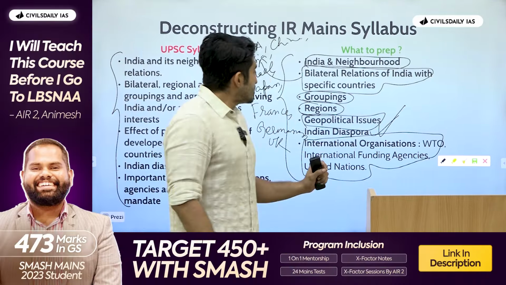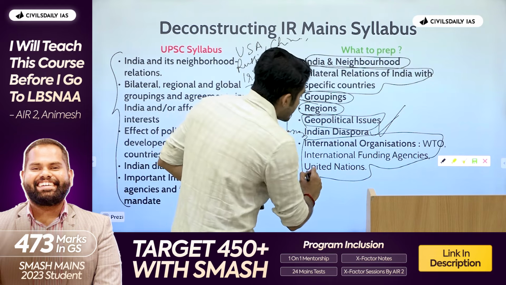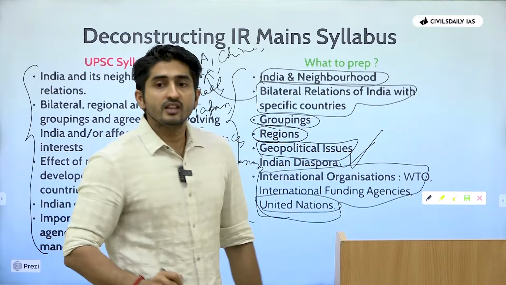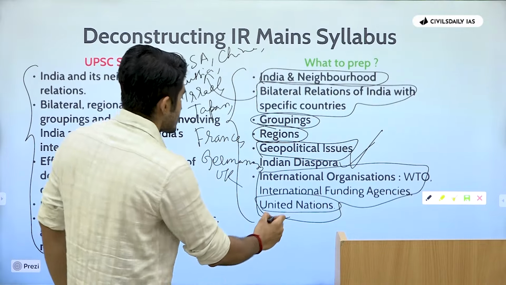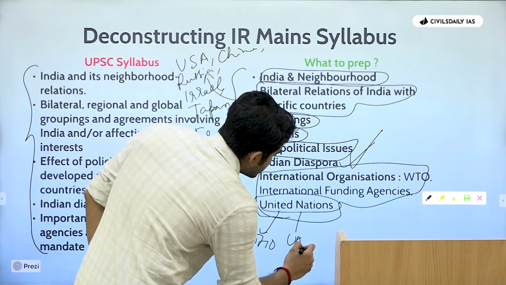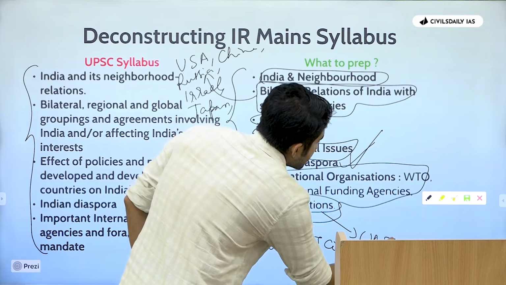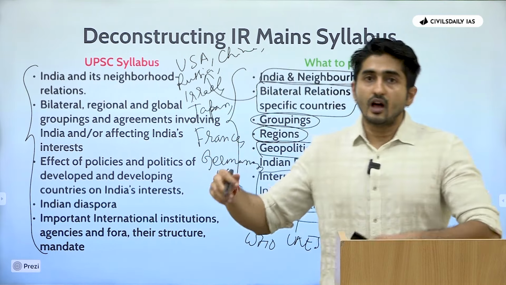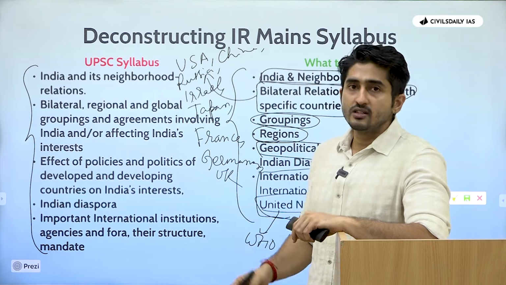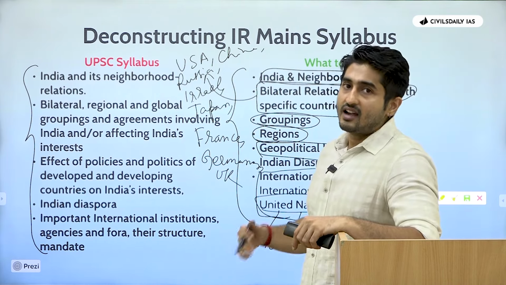That is the WTO, the various international funding agencies, and a few important institutions of the United Nations, such as WHO, UNESCO, UNSC, etc. Now, let us look at the past years' questions and see how this thematic trend pans out.